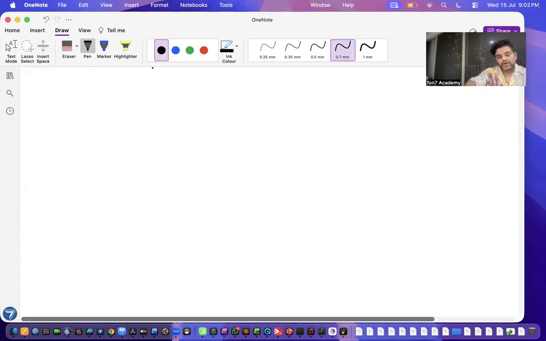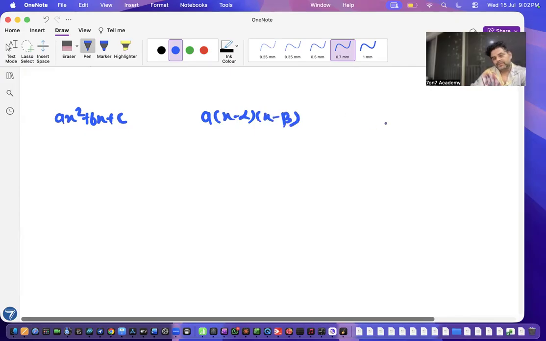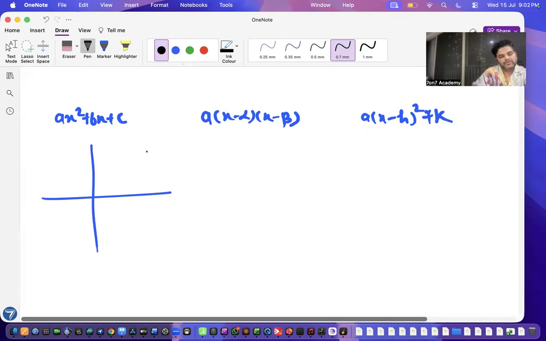Now see, if you have a x square plus bx plus c, you can rewrite it as a x minus alpha x minus beta. You can also rewrite it as a x minus h whole square plus k. So get the connections between these unknowns, which will help you.